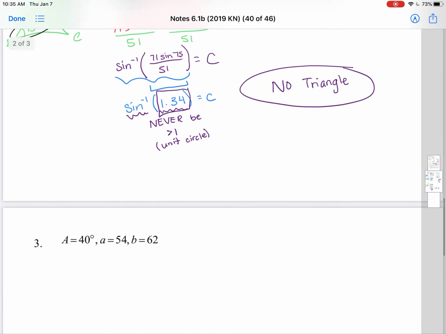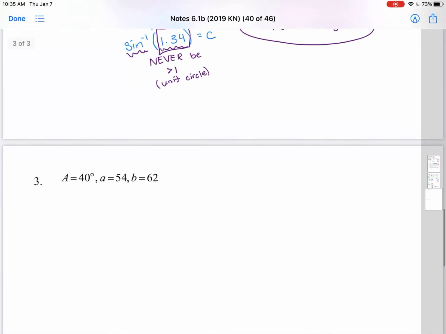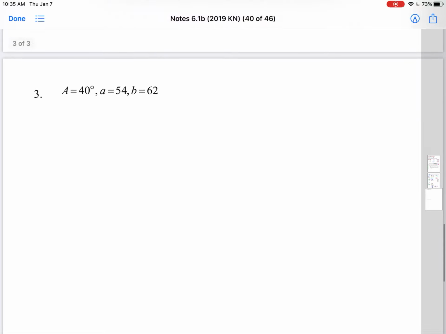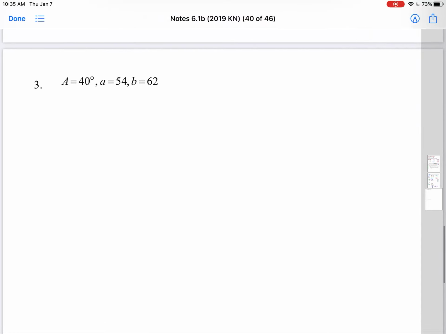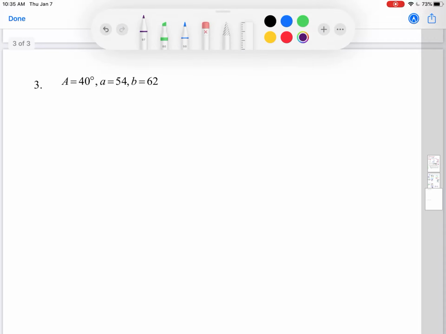Don't just take my word for it. Make sure the calculator is telling you the same thing I tell you it should be saying. If not, please come ask us that question so we can figure that out. So we did not have to check for a second triangle on that question because the first triangle didn't even exist. So we're going to do question 3 now.